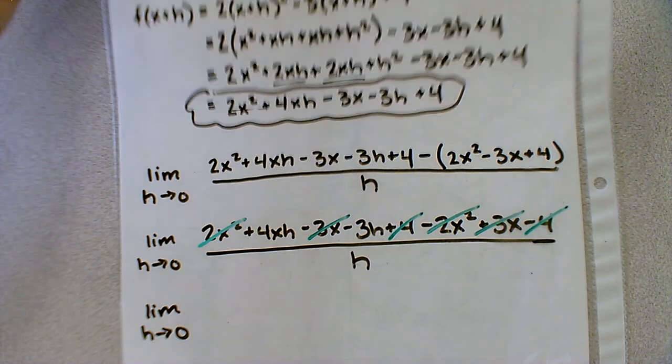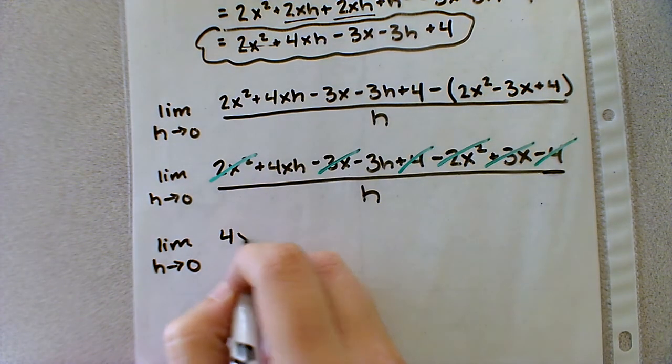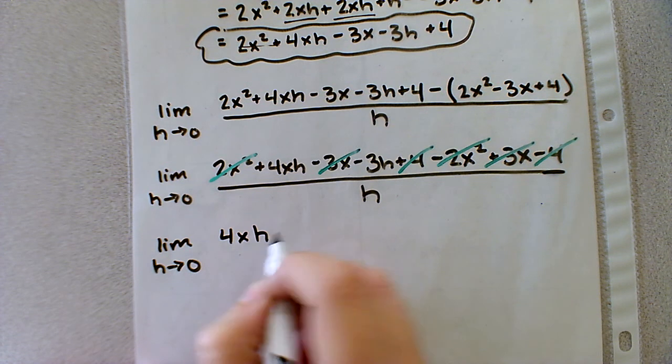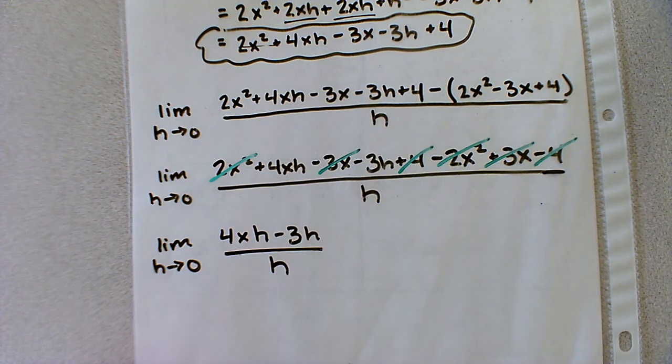That's so convenient. And actually, that's what's supposed to happen. So it seems like we just have left 4xh minus 3h all over h. A lot nicer than what we initially started with. All right, so let's go through our limit process.